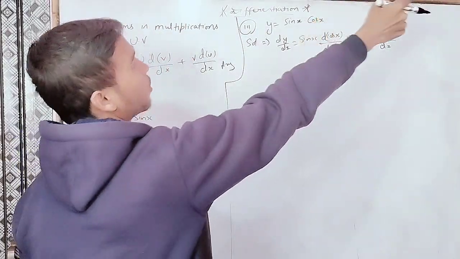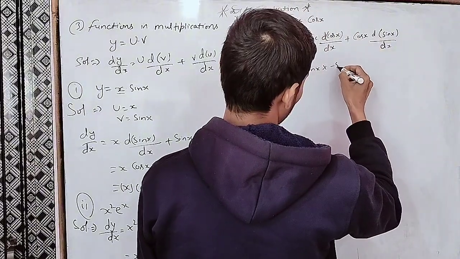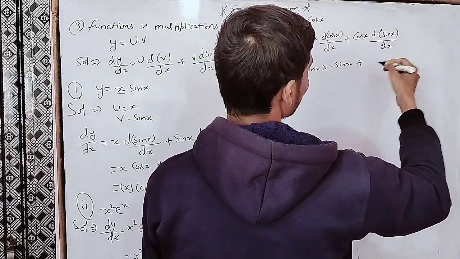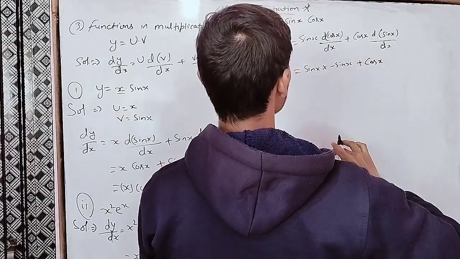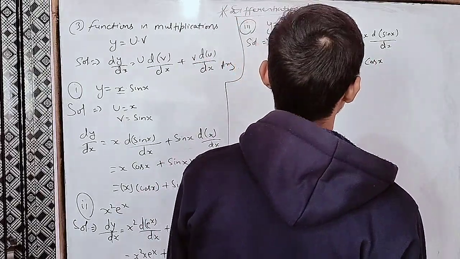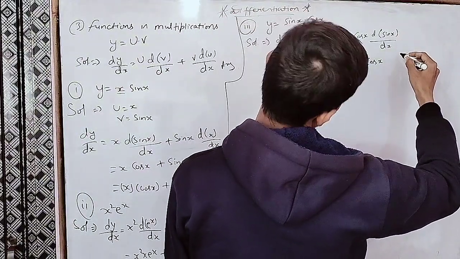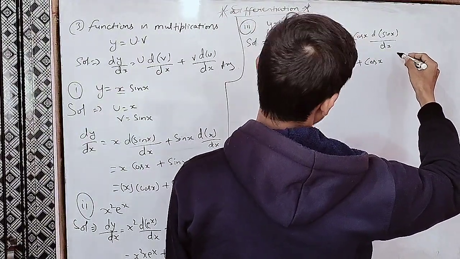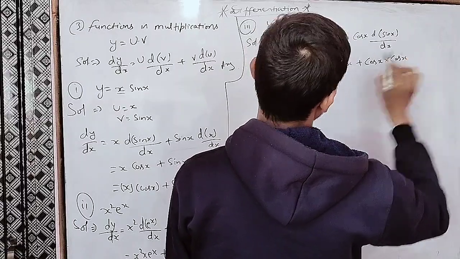So differentiation of cos x would be minus sin x. Then cos x would be written as it is because it is not in the form of differentiation. Here differentiation of sin x would be cos x.